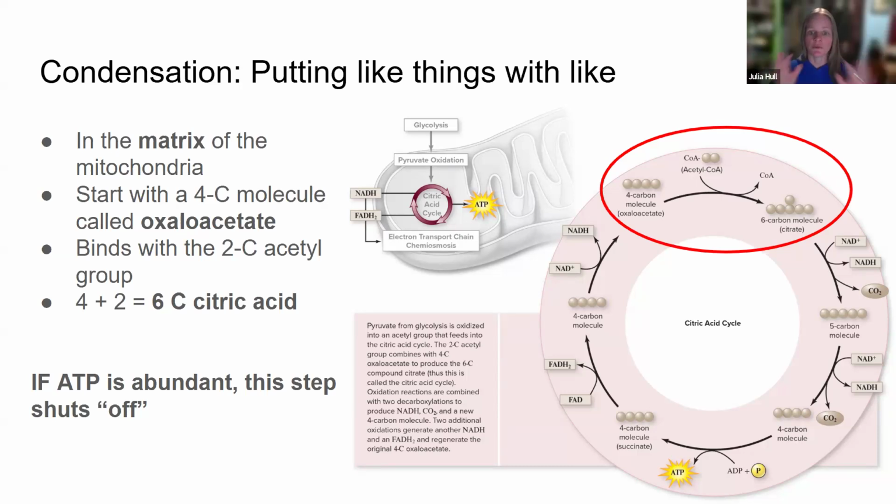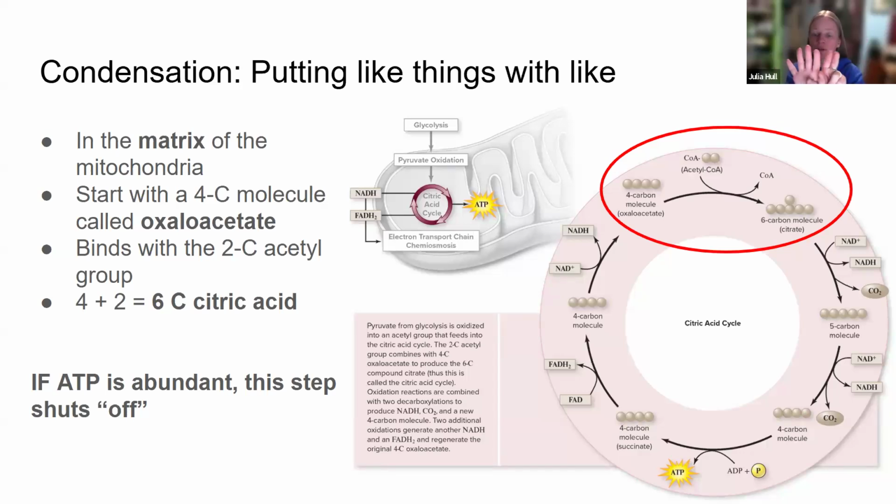Okay, so let's talk about these first major steps. We've got our 2 carbons coming into the citric acid cycle on that acetyl-CoA, and we are going to bind those with another 4-carbon molecule called oxaloacetate. We don't really have to remember that guy's big scary name, but we do need to remember that it has 4 carbons.